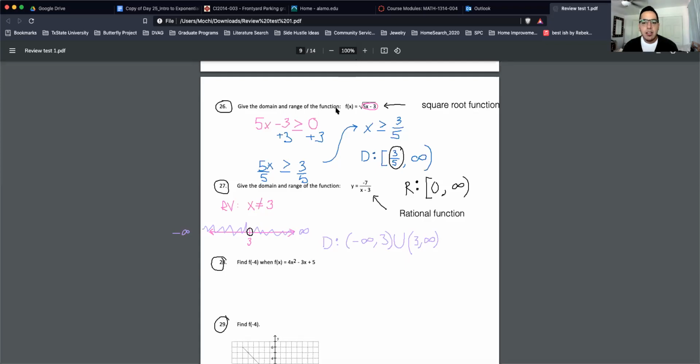And since the domain looks sort of weird, the range will similarly look weird, where you will have a range from -infinity to 0 and from 0 to +infinity.